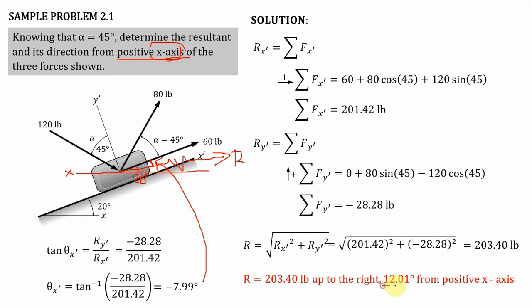Paano nangyari na 12.01 degrees yan? Itong angle na to, how to solve this angle? Since 20 degrees ito, minus lang natin yung 7.99 degrees. And that is equivalent to 12.01 degrees. So, yun yung answer natin.